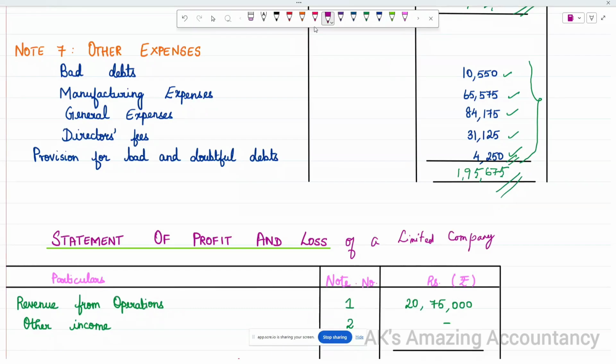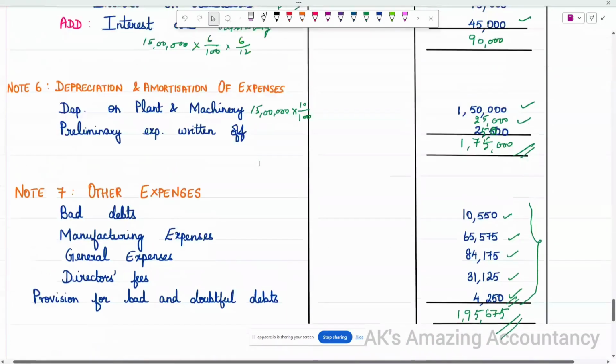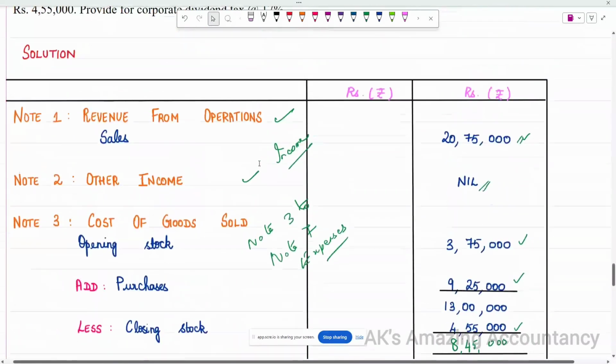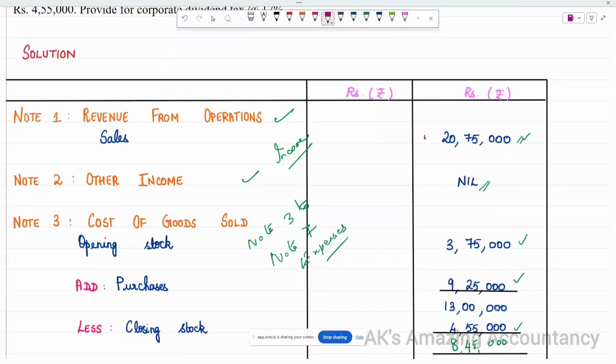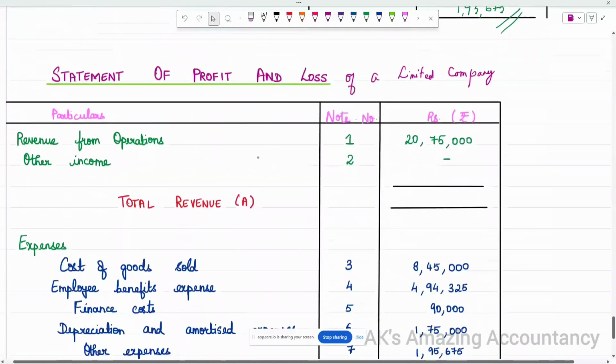Now let us take the items which we have prepared, notes which we have prepared already to the main statement. How much is note number 1? Just see the problem. Note 1 is 20 lakhs 75,000. That is revenue from operation. And note 2, other income is nil. So let us enter these two.